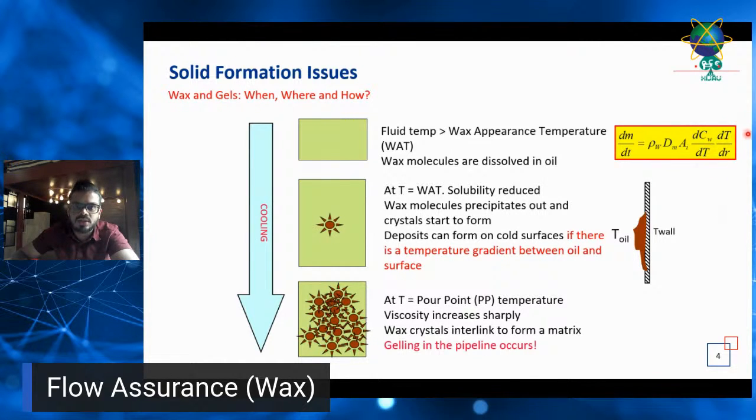All right. So as you solve this equation, you will be able to get the deposition rate, and in turn you can also obtain the thickness of wax across the flow line in your pipeline simulation software.